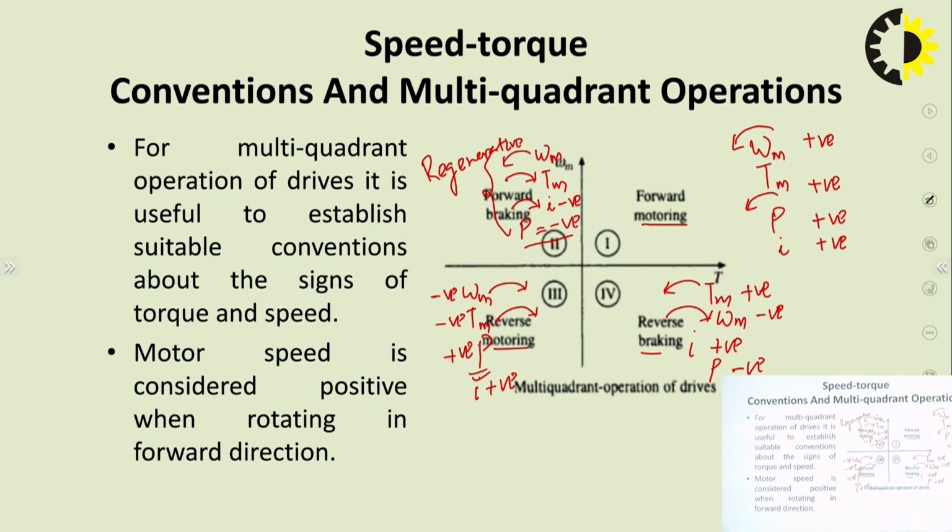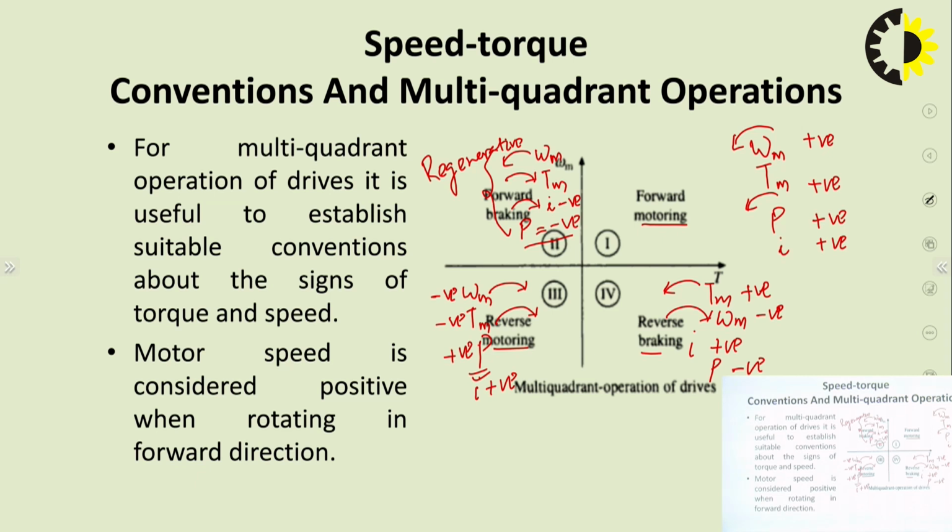So as we can see in plugging, what we are doing is just changing the terminals. Like if we talk about the DC motor, the positive is connected to the negative and the negative is interchanged to the positive. Similarly, in the induction motor, we will change the sequence of the A, B, C phases.